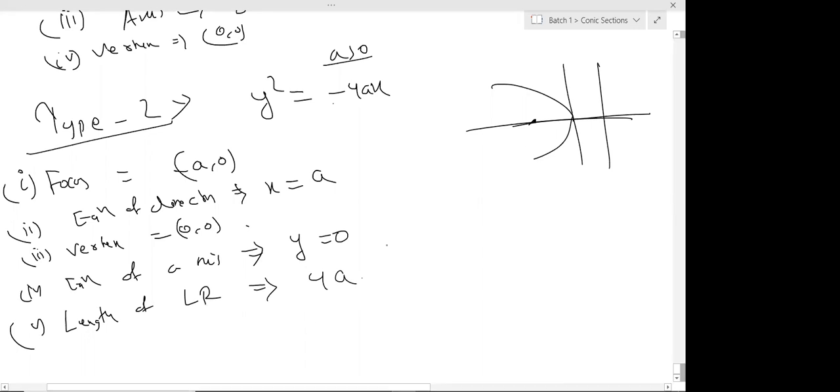All right. So if this is the standard equation, this type of question you get, these are the values you need to remember. It's very easy if you remember the diagram. So try to solve this question.